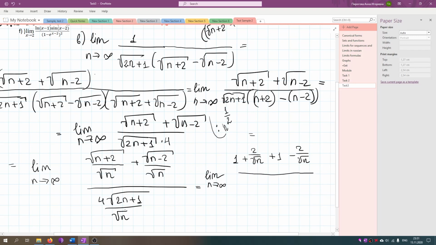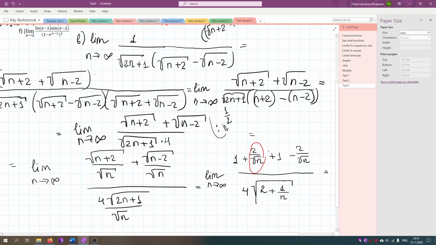In the denominator, we will get 4 times the square root of 2, because we divide 2n by n, plus 1 divided by n. Now let's see in more detail.